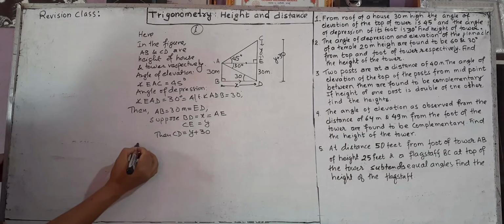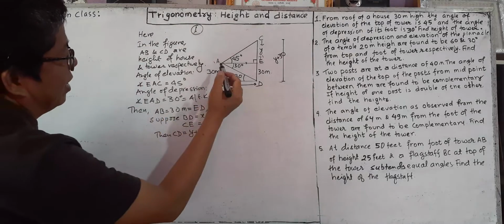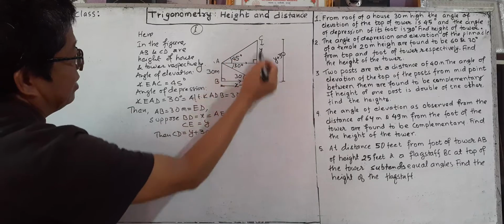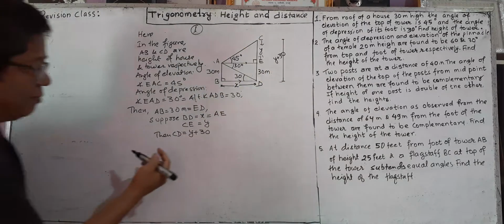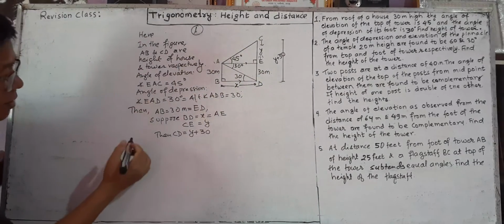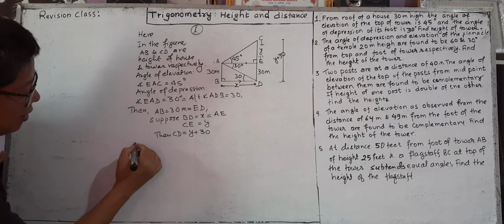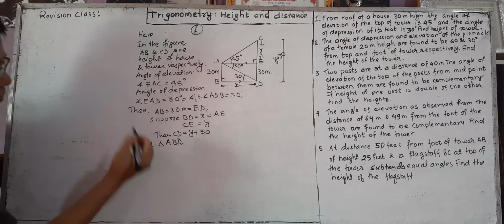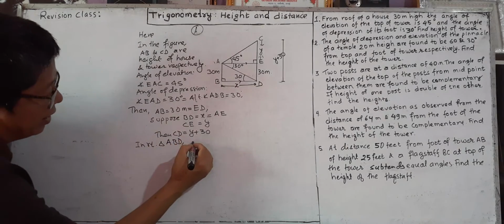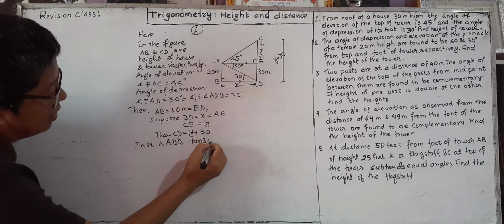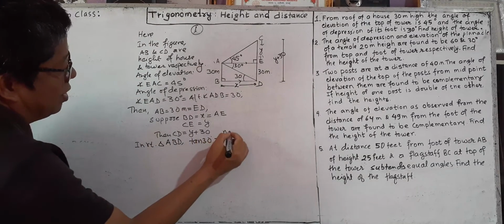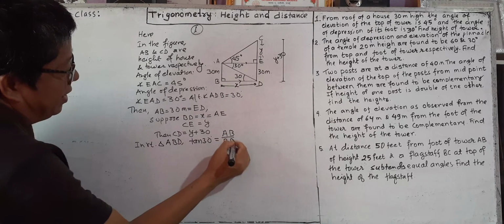Now we use the trigonometric ratio in the right angle triangle. There are two right angle triangles, ABD and AEC. You can use any one of them at first. Let us start from the right triangle ABD. In right triangle ABD, the angle is 30 degree, so tan 30 is equal to AB by BD.